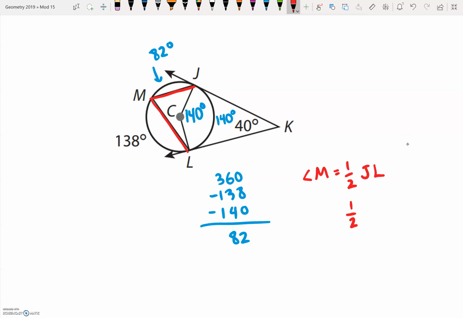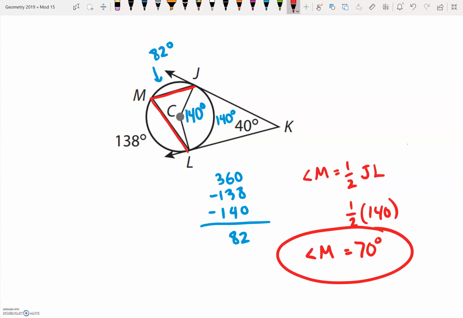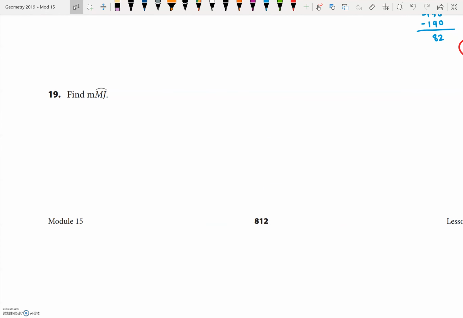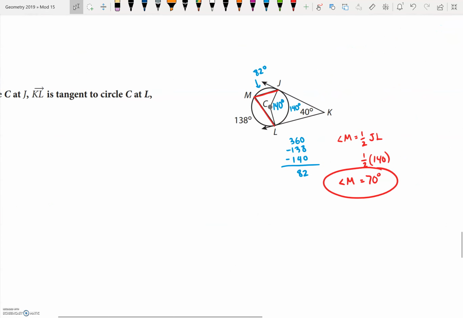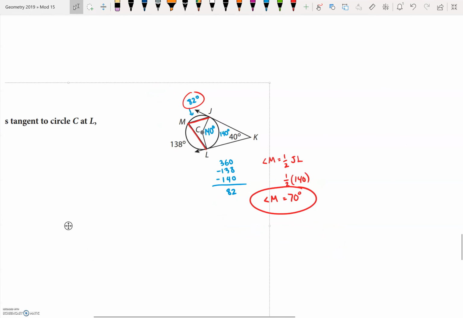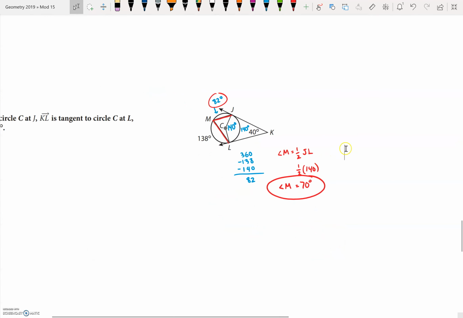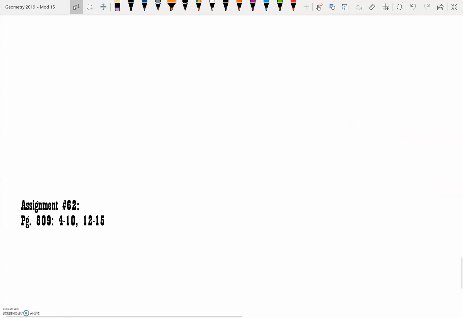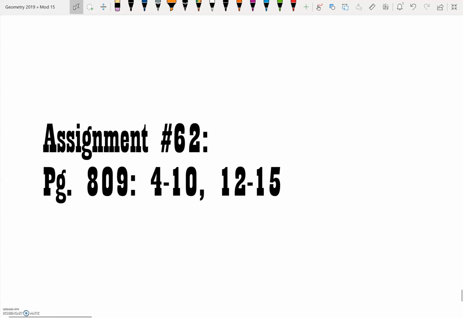So 1/2 of 140 is going to be 70 degrees. So that's going to be the measure of angle M, 70 degrees. And then the last thing I think was to find the measure of arc MJ, which we just did, 82 degrees. So I hope that is enough for you to be able to do the assignment down here. And please let me know if you have any questions.